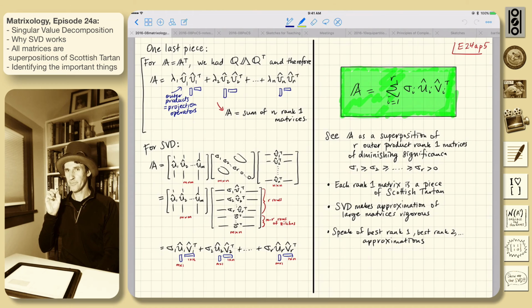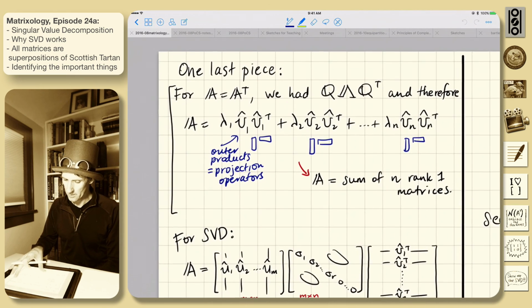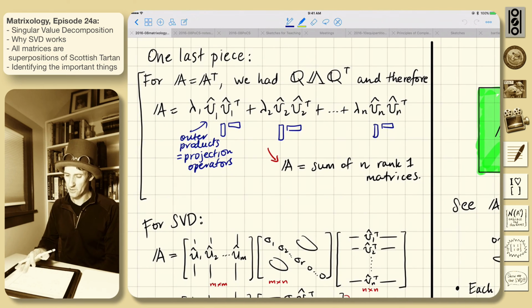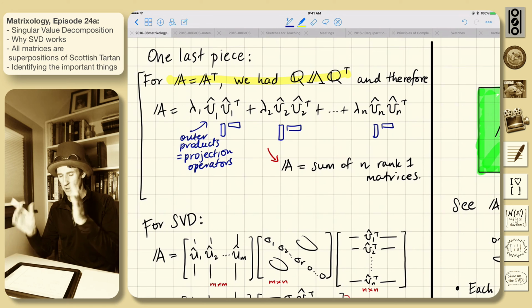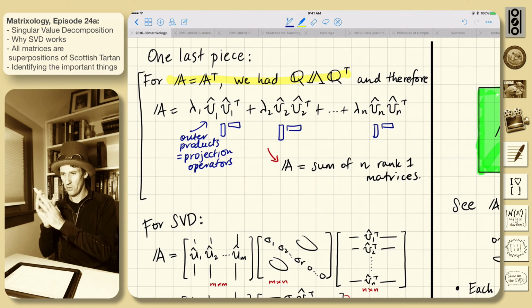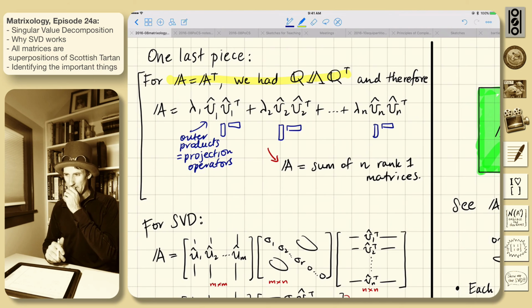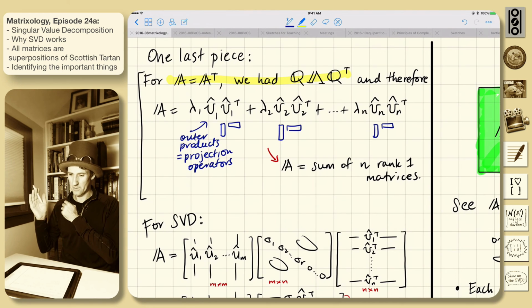So last thing. Let's look at this. For A equals A transpose, we had this beautiful story. We can diagonalize it in this great way, Q lambda Q transpose, and the Q has the unit vectors lined up in it.